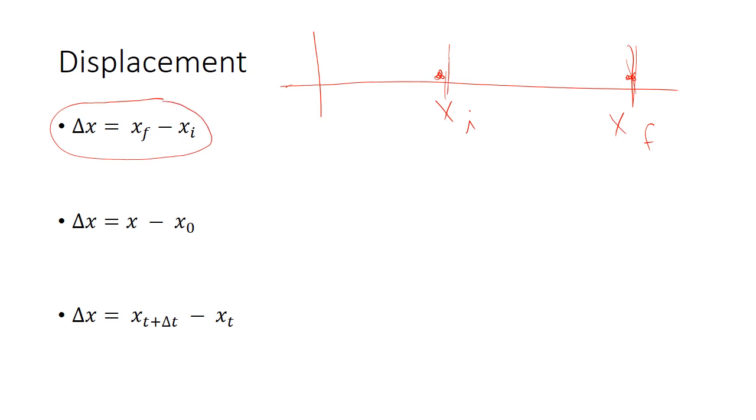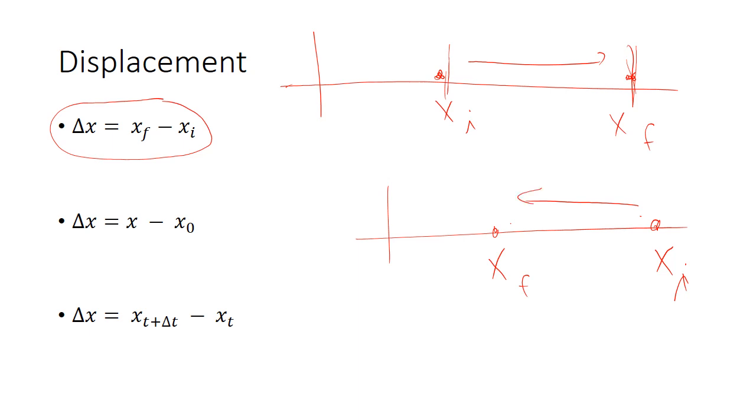So delta x is displacement. If we had started here, xi, and started there, xf, then xf is less than xi, so we would have had a negative displacement. So this would be a positive displacement. That's going to be a negative displacement right there.